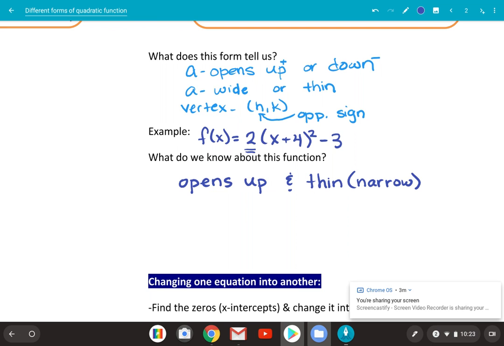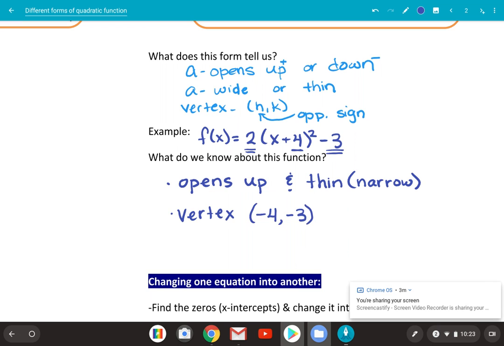The other thing it tells us is its vertex. So our vertex, we're taking that 4, but we're going to do the opposite sign to it. And the negative 3, we're just going to keep as it is.